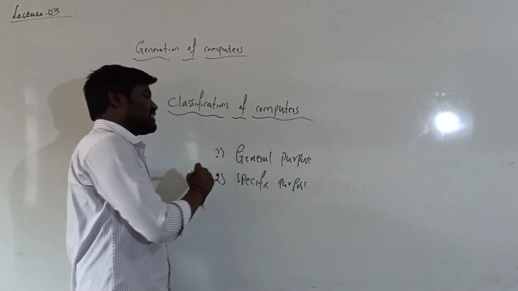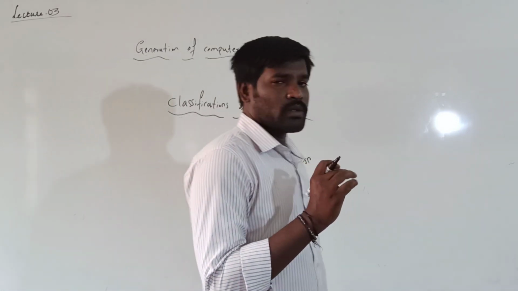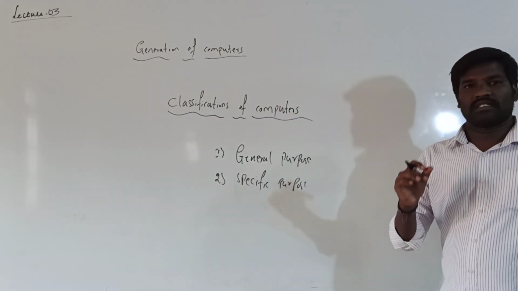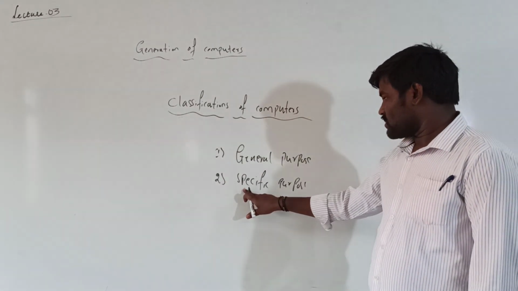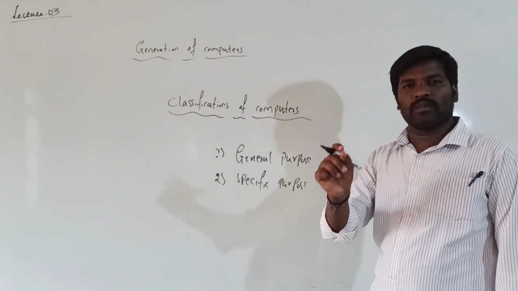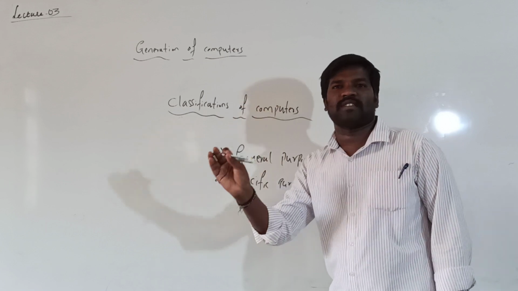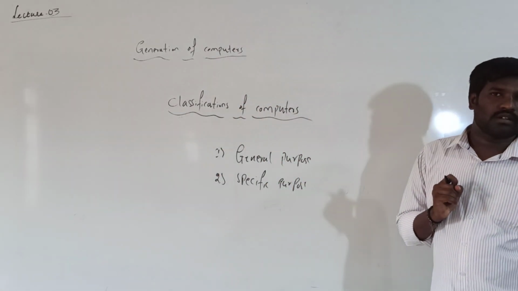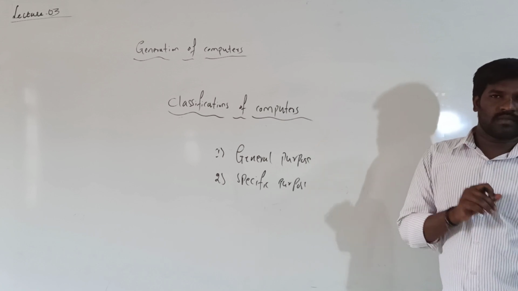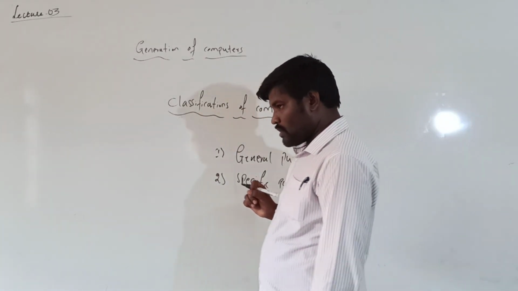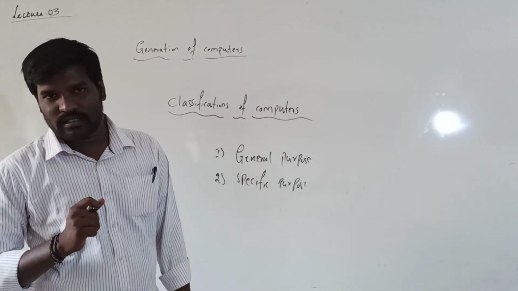The first one is general purpose. The general purpose systems are those we use generally for any purposes. Specific purpose means particularly the software or the system is used for that purpose only. For example, in your home, if the system is there, it can be used by any number of users, for example family members.